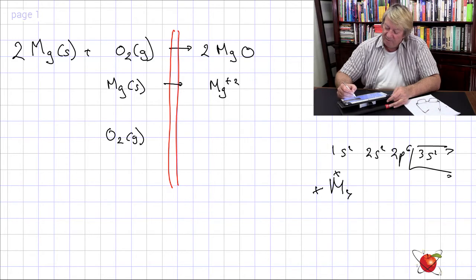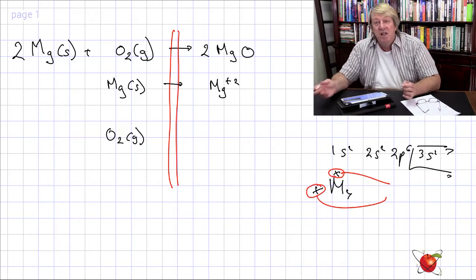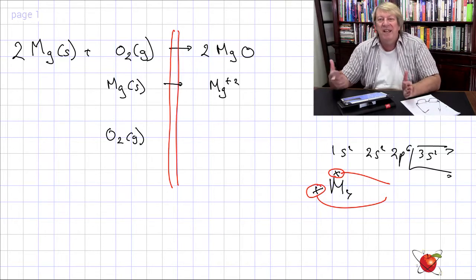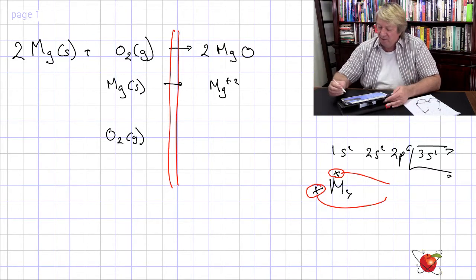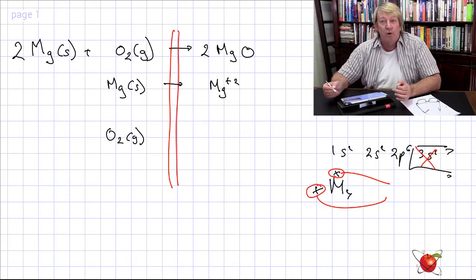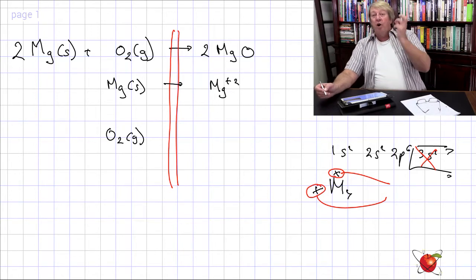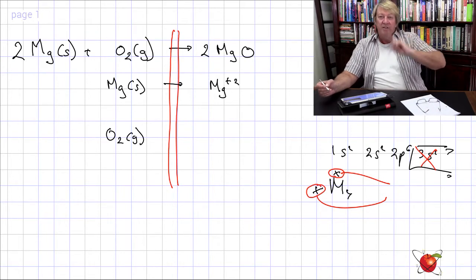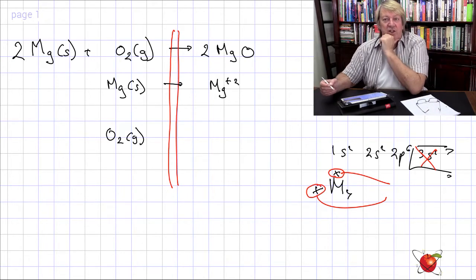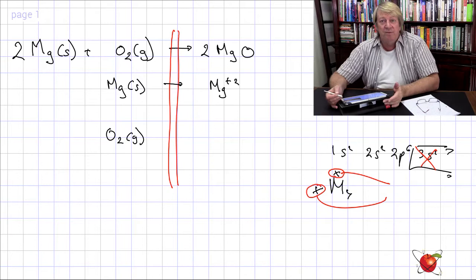We removed them because we gave them away, in this case to the oxygen, to become the ion, didn't we? So if I remove those 2 electrons at the 3s orbital level, those 2 are gone, which means I've got more protons, so I'm a +2. That's where it comes from. If you remember some of our first sessions together, that's where it comes from.